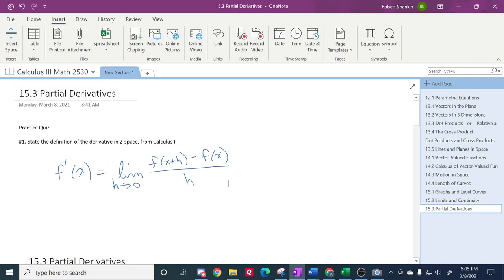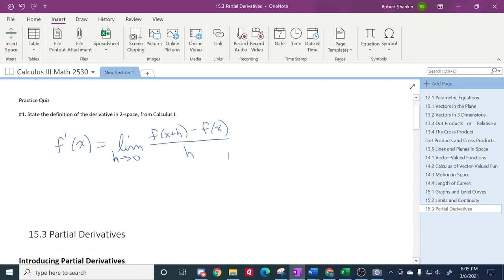There's no derivative of a 3 space function. There are partial derivatives of a 3 space function. And the closest thing we're going to get to what we call a total derivative is something we're going to call a gradient, and that'll have a very specialized meaning. But we're going to have partial derivatives instead of derivatives.